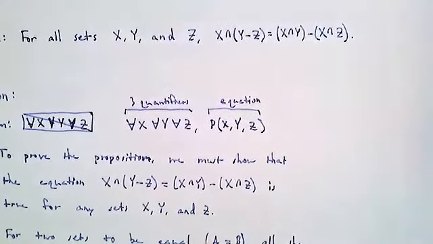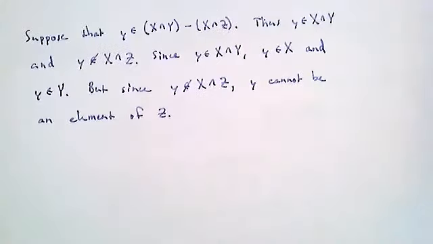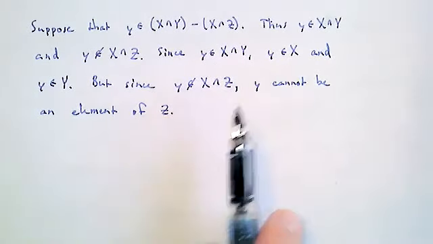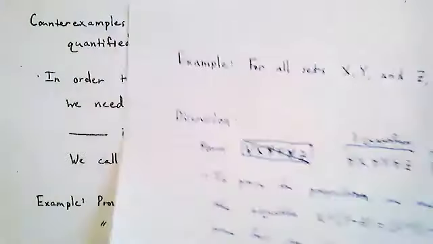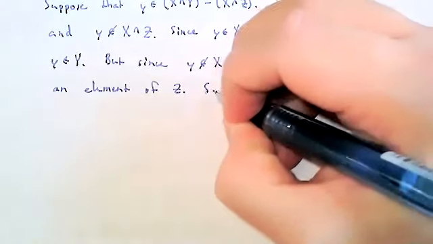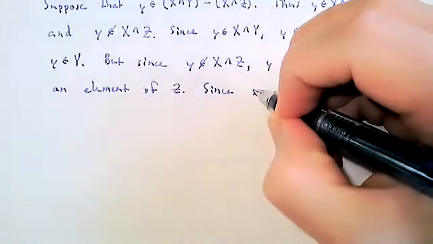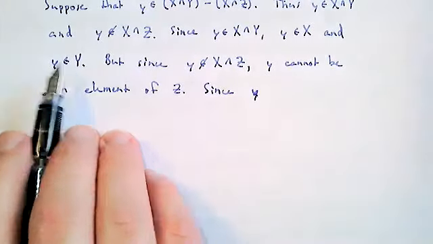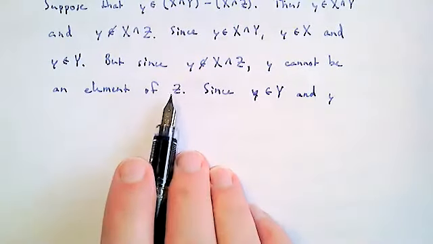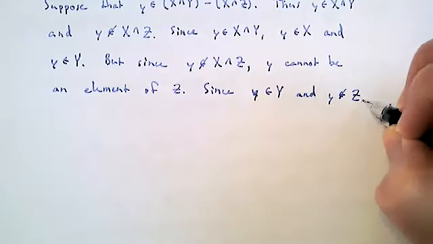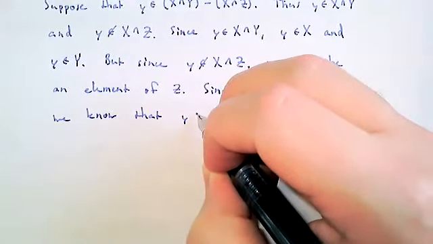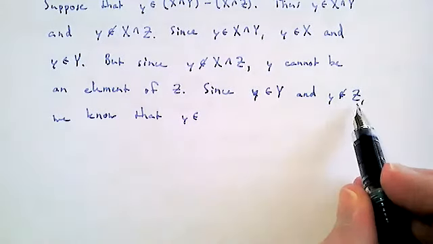So X intersect Y minus Z. We already know that it's in X. We also have to show that it's in, flip back, Y minus Z. So since now we're talking about the element y, since it is an element of Y, and little y is not an element of set Z, we know that y is an element of Y minus Z.